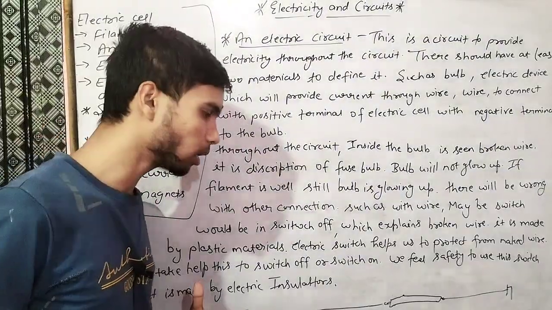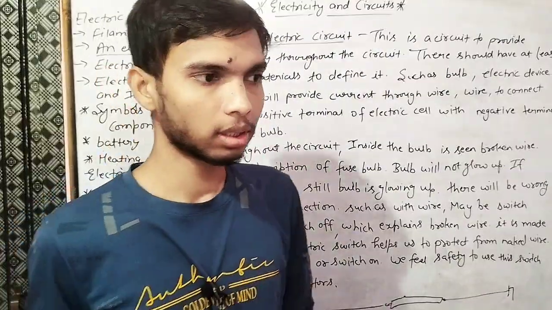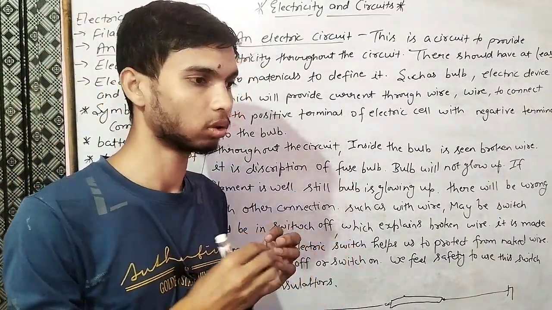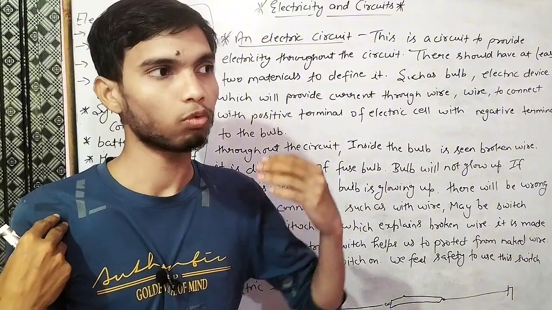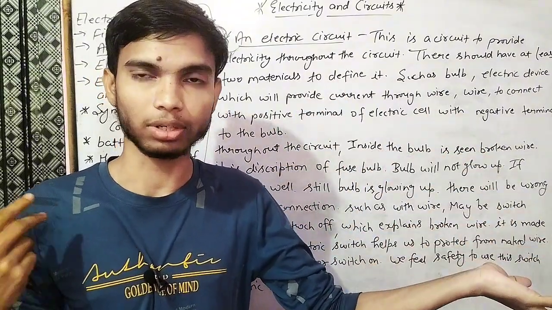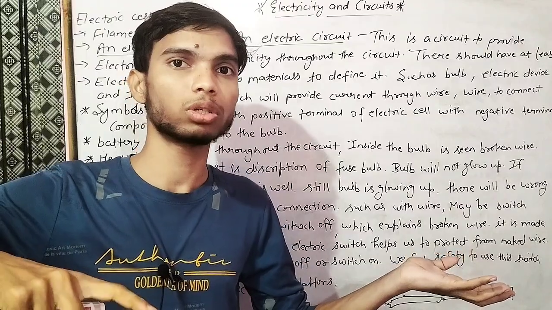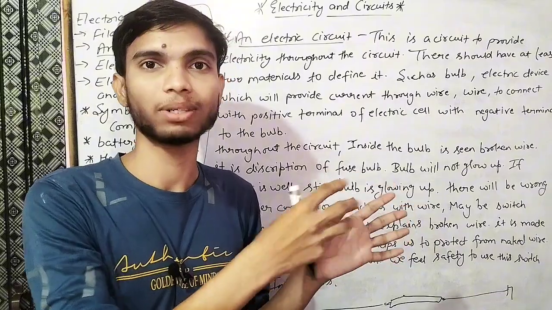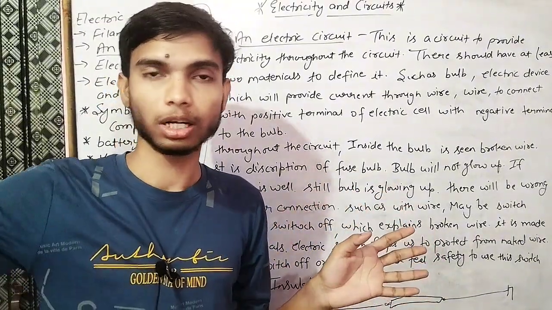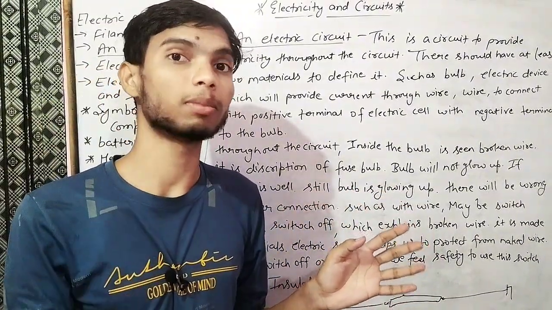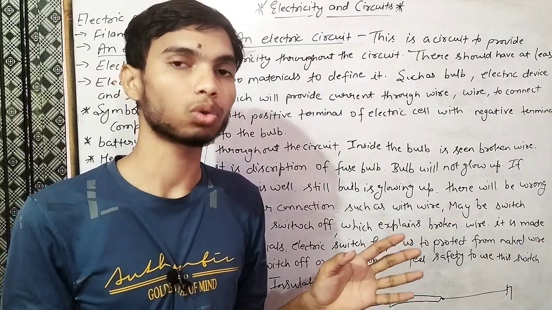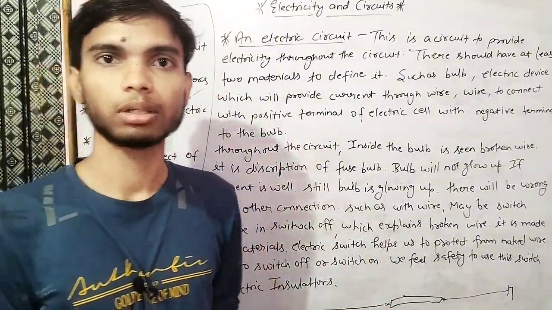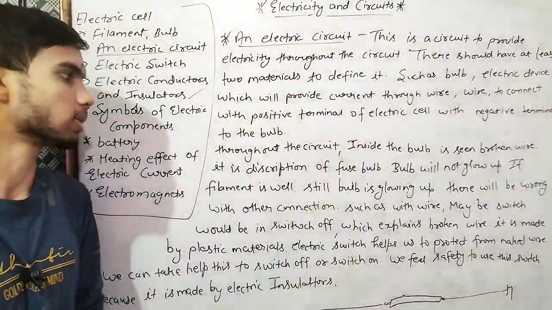And when someone connects with electricity, to save them from connecting with electricity, a third person will use insulator materials, so that the person can go away from electricity.